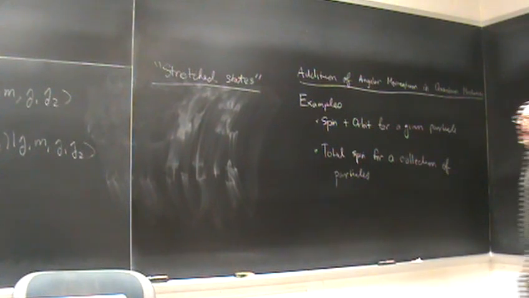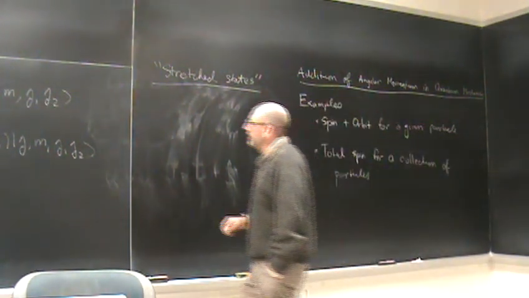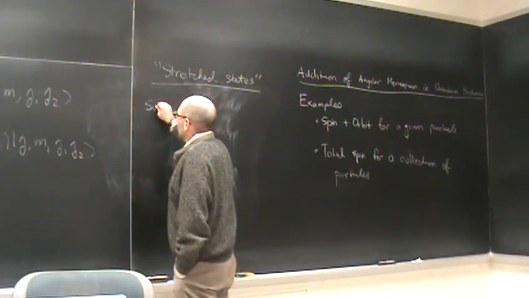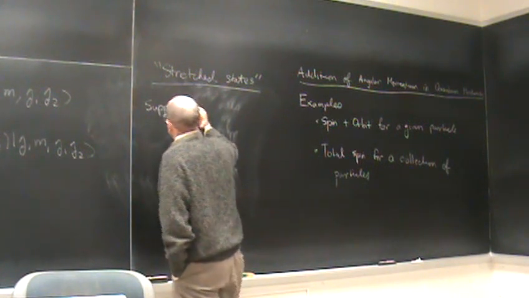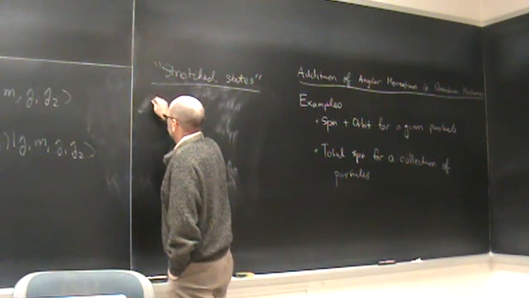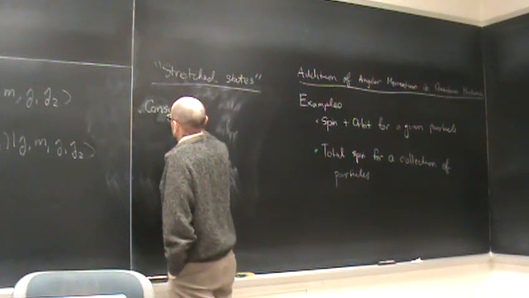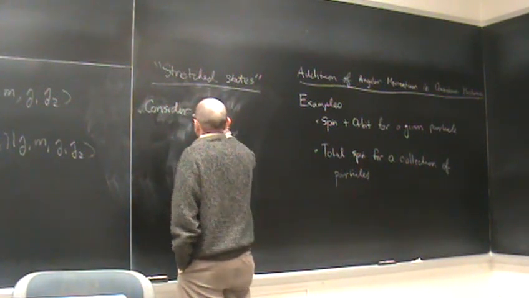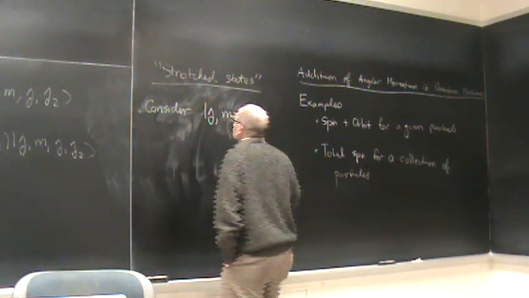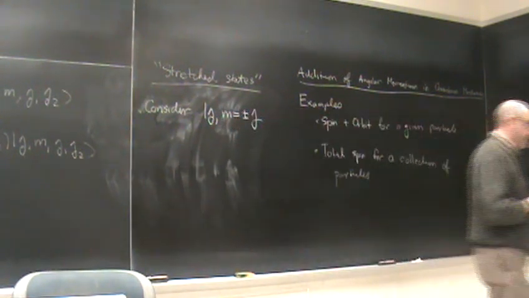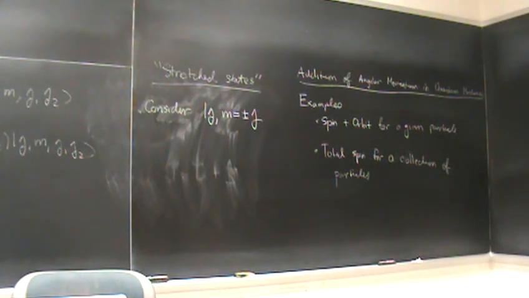So what do I mean by that? Well, let's consider the state where we have a total momentum J and the total projection is the maximum or minimum possible projection.